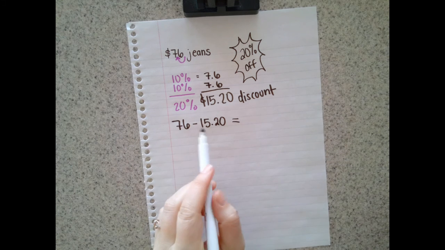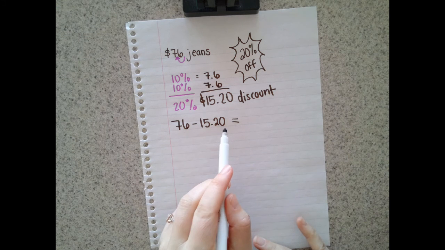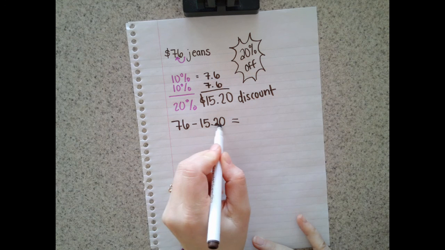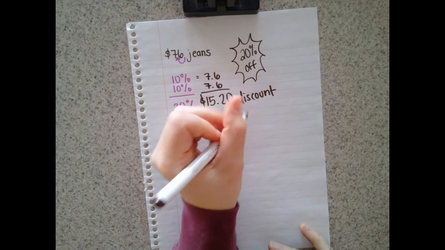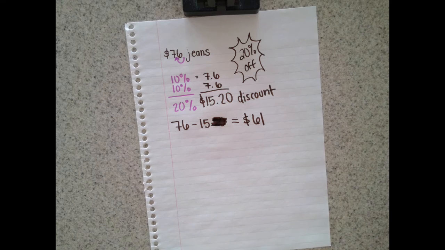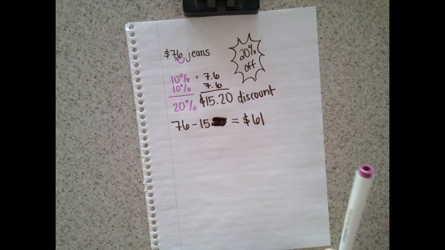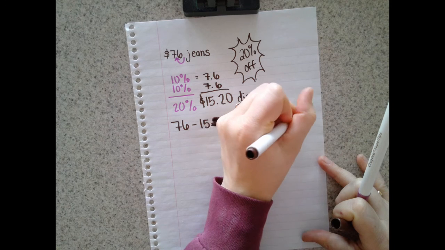Okay, and again, if you're not comfortable doing this type of math in your head, then don't worry about the change. Just think of it as 76 minus 15. Okay, 76 minus 15 is about $61. Okay, so this again is an estimate on what you are about to save.